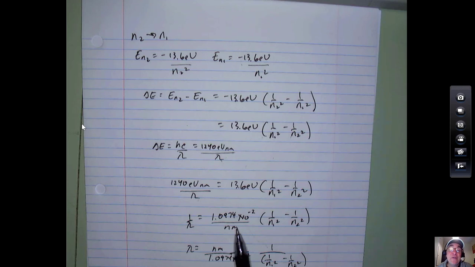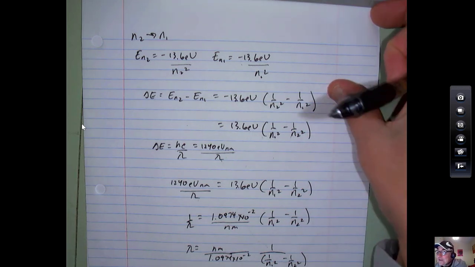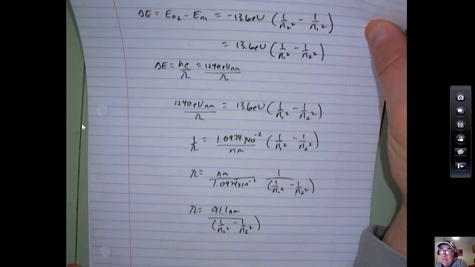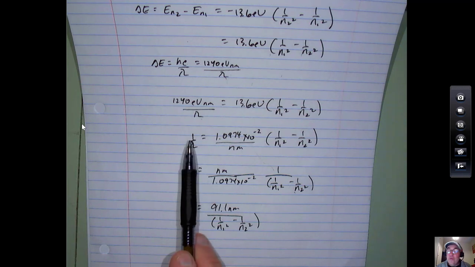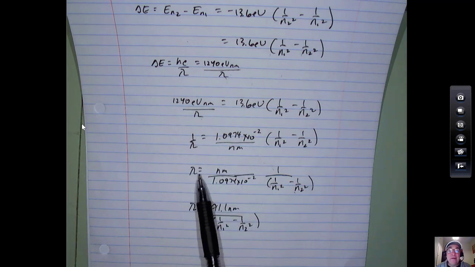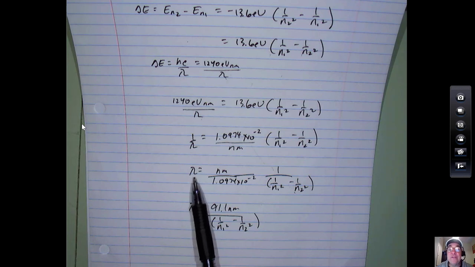Now in the lab, you're going to have to calculate the wavelength, so let's go ahead and do that now, and hopefully that'll make your life a little bit easier. So 1 over the wavelength was this quantity. Now I want to calculate the wavelength, so let's just invert both equations. Take the reciprocal of each side, in other words. So 1 over the wavelength becomes the wavelength.